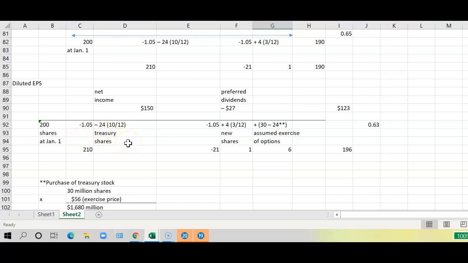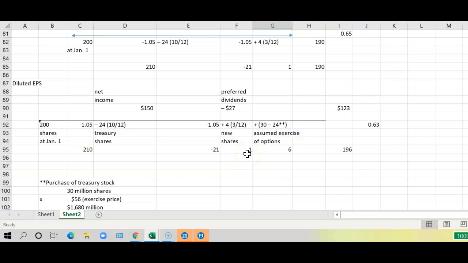The treasury stock they purchased, their own common shares, would be the 24 times 10 divided by 12, times 1.05, which means you would subtract 21 million. And then they sold 4 million shares from the treasury stock they purchased, 4 million times 3 divided by 12, which is 1.